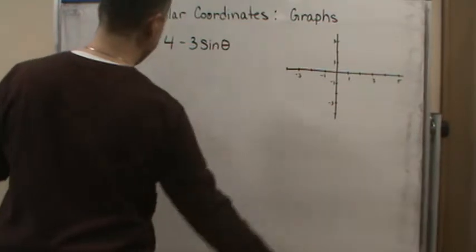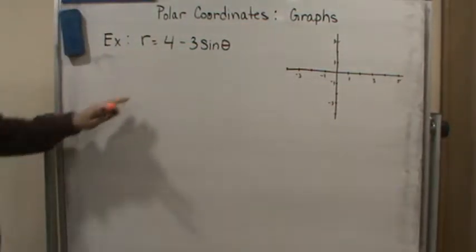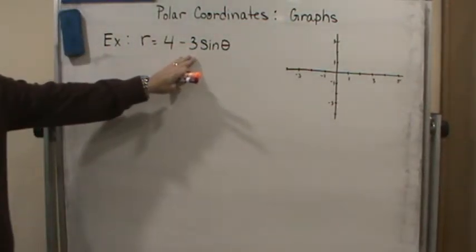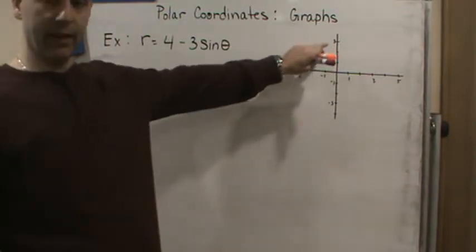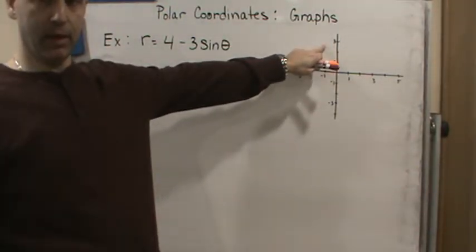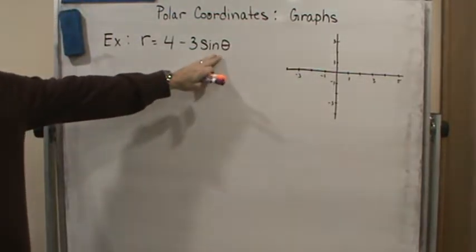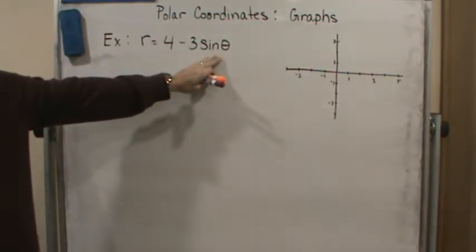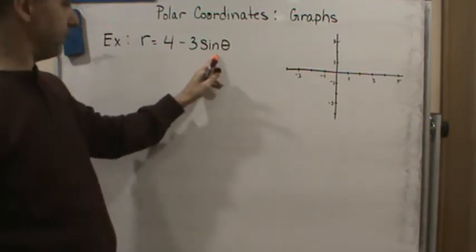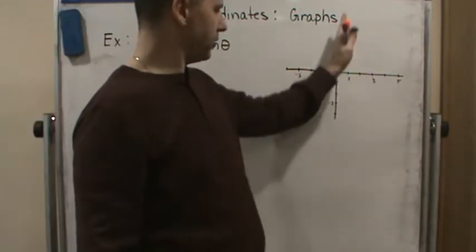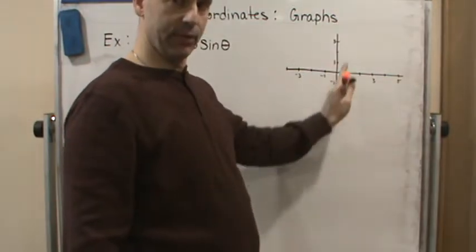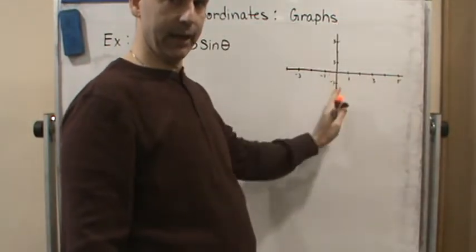But here's the thing. We know that this has symmetry with respect to theta equal to pi over 2, right? Because of the characteristics of the limacon. Okay, so we know that because this is sine, it's symmetric about the y-axis, or theta equal to pi over 2.